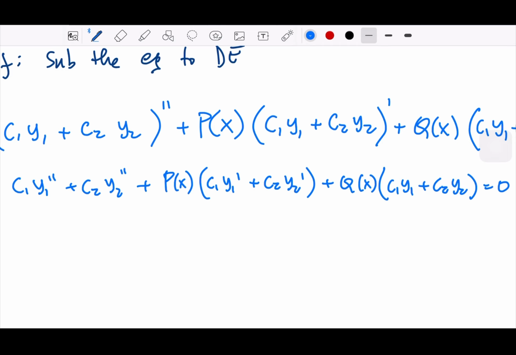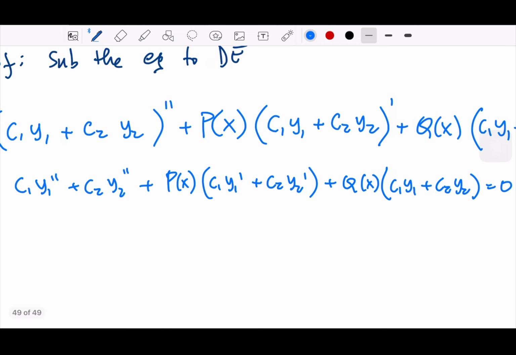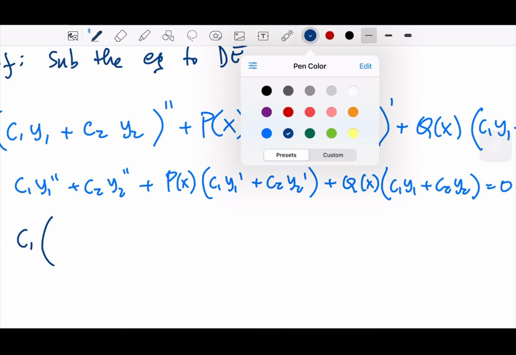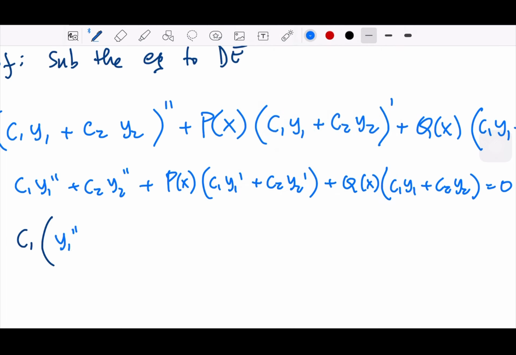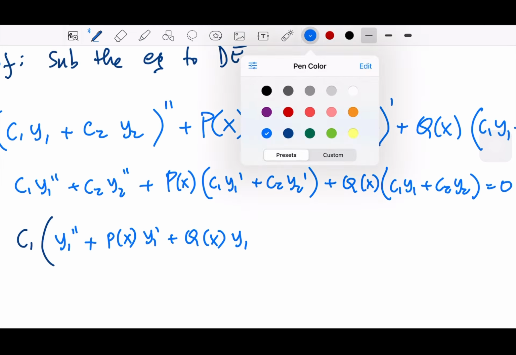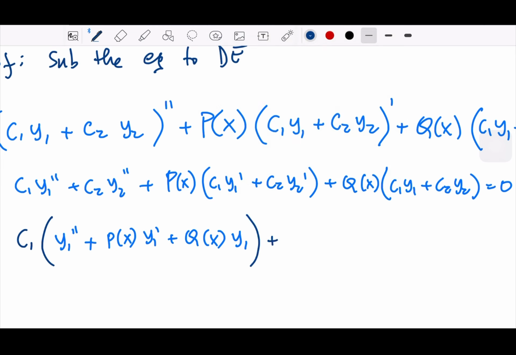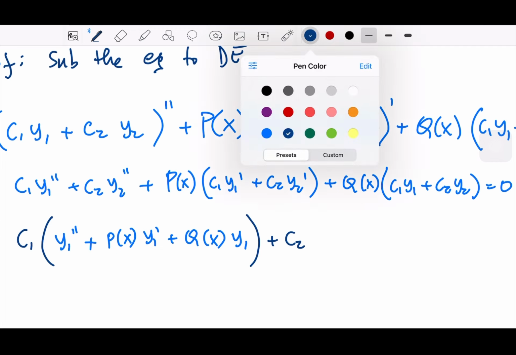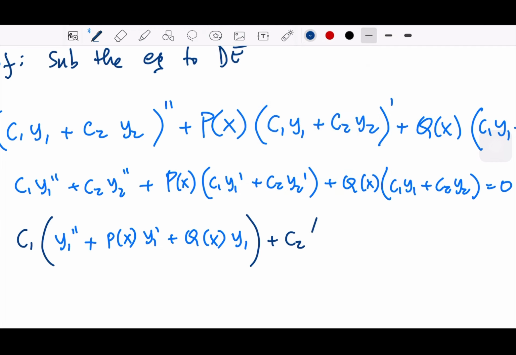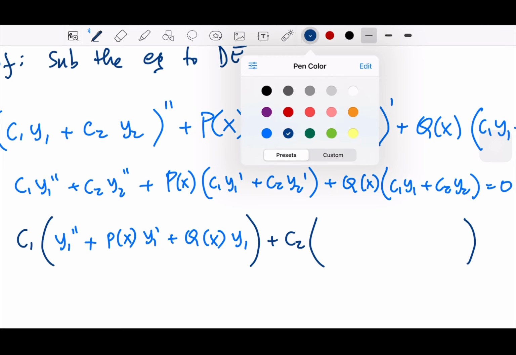So grouping all this C1 and C2. So C1, and the same thing here.